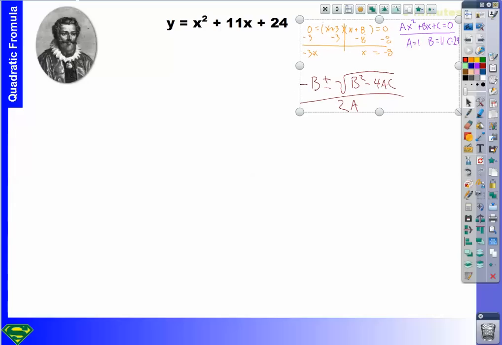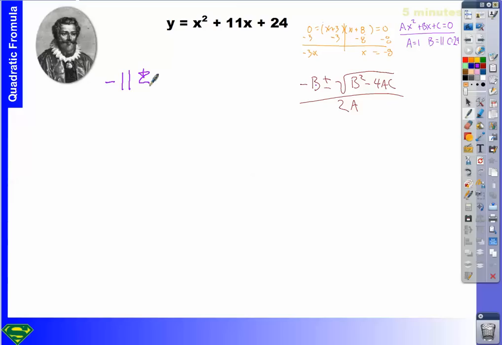So we have the quadratic formula: -b plus or minus the square root of b squared minus 4ac, all over 2a. Now I'm going to plug my a, my b, and my c values into the equation. So we have negative, what's my b value? 11.